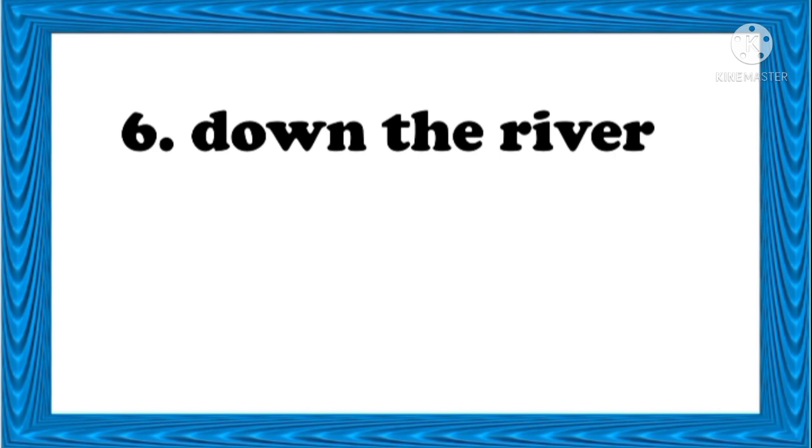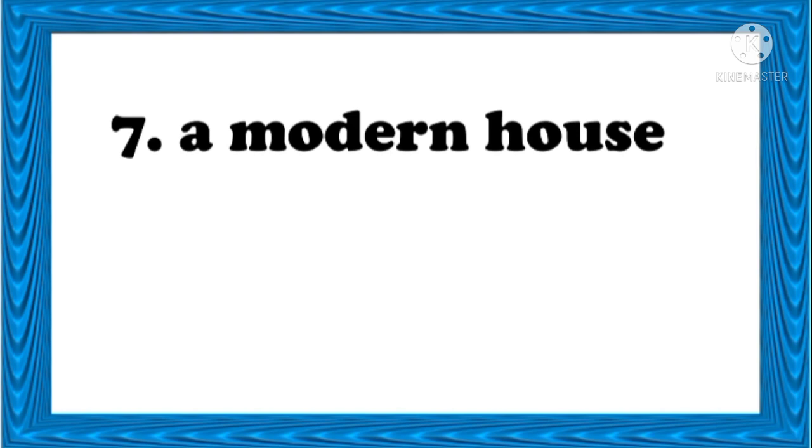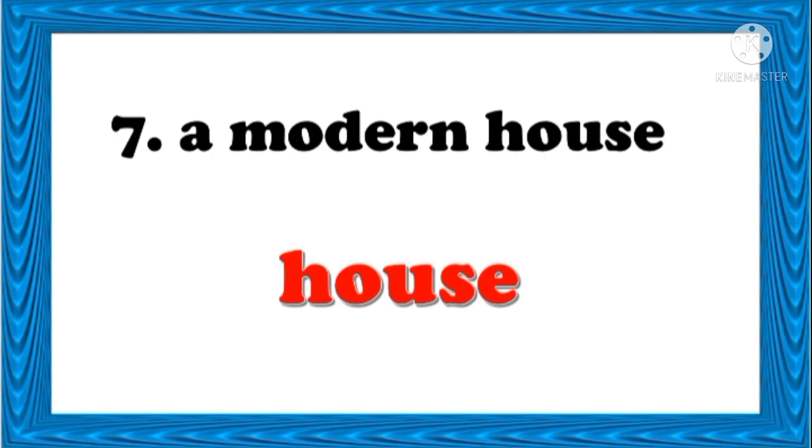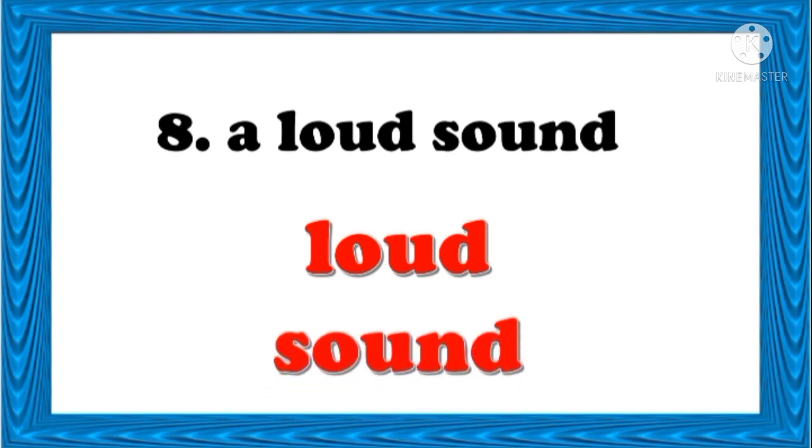The word with diphthong is down. Number 7, a modern house. The word with diphthong is house. Number 8, a loud sound. The words with diphthongs are loud and sound.